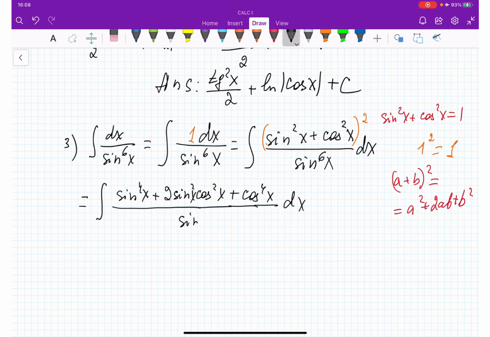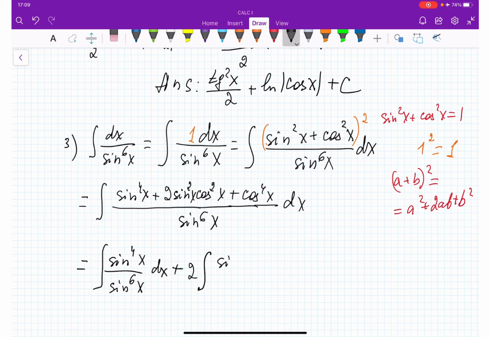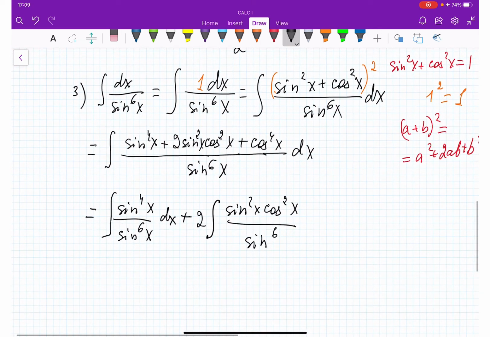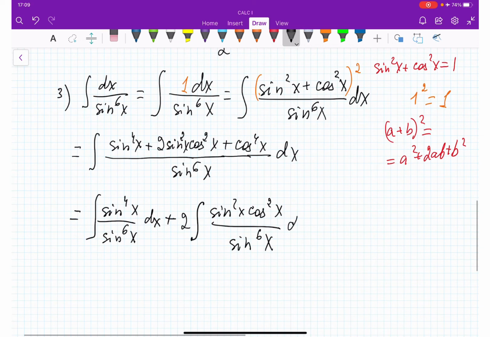And we have sine degree 6x in the denominator. Next, breaking down with the same denominator, it's going to be the integral of sine degree 4x over sine degree 6x dx, plus 2 times sine squared x cosine squared x over sine x to the power 6 dx.